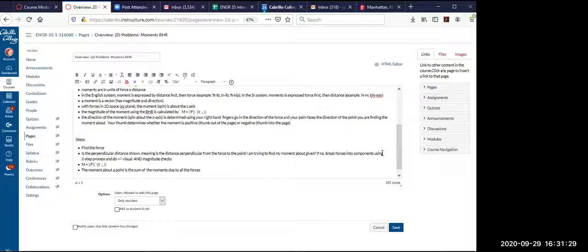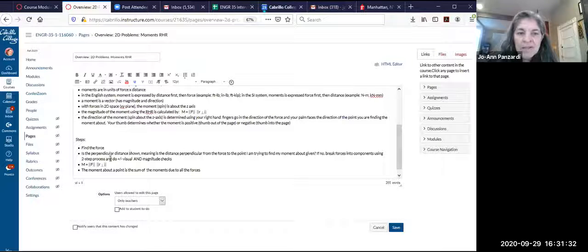then you break the force into components using the two-step process and make sure you do the plus or minus visual and the magnitude check. Then you calculate the magnitude of the moment by taking the absolute value of the force times the absolute value of the perpendicular distance.